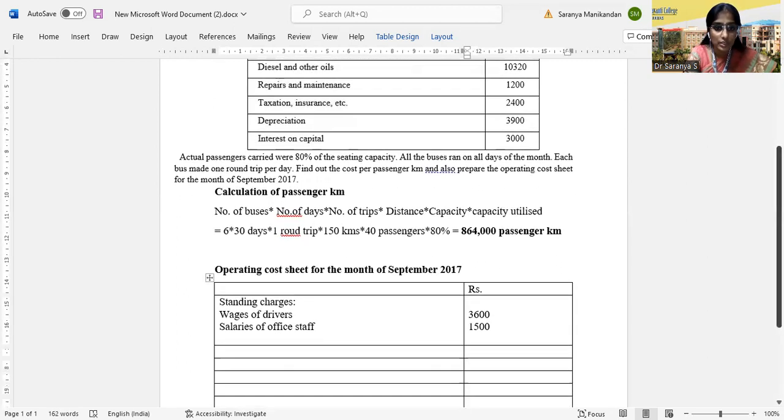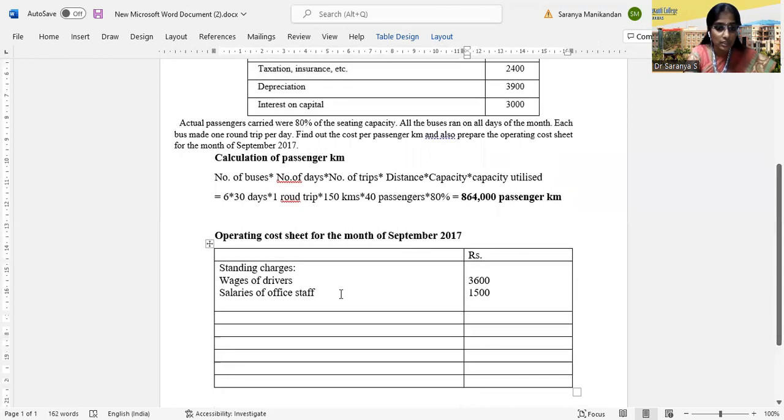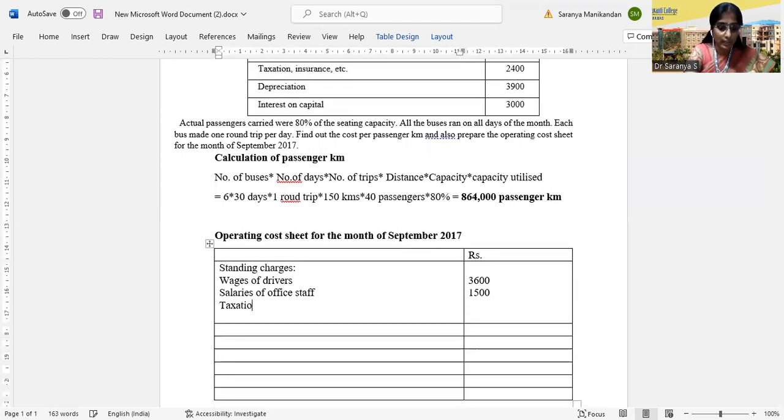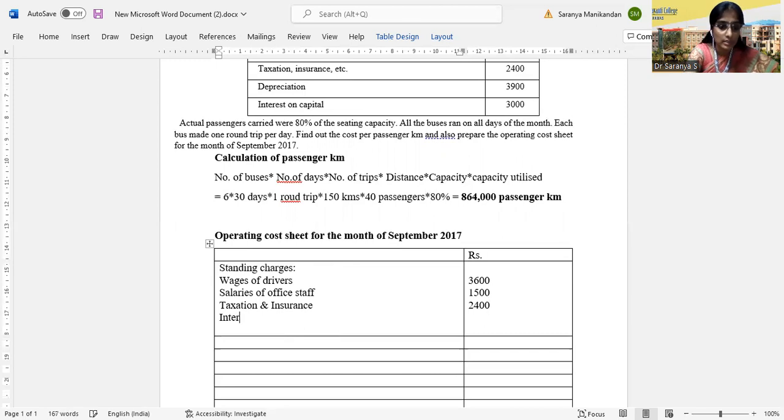Then the next item we have taxation and insurance. How much we have? It is given as 2,400. Then depreciation, that depends, right? And that is variable. So we have one more item, that is interest on capital, and that is given as 3,000 rupees. So these four items are standing charges.